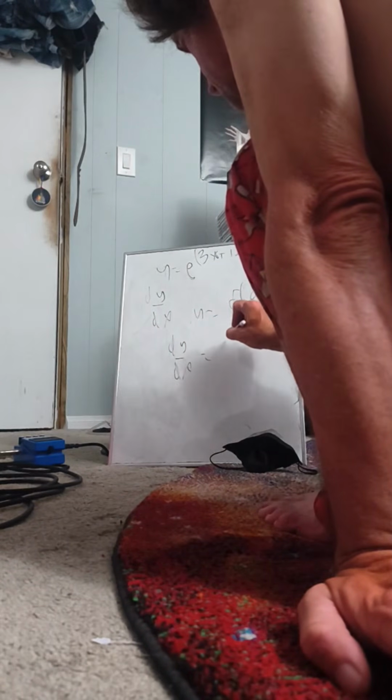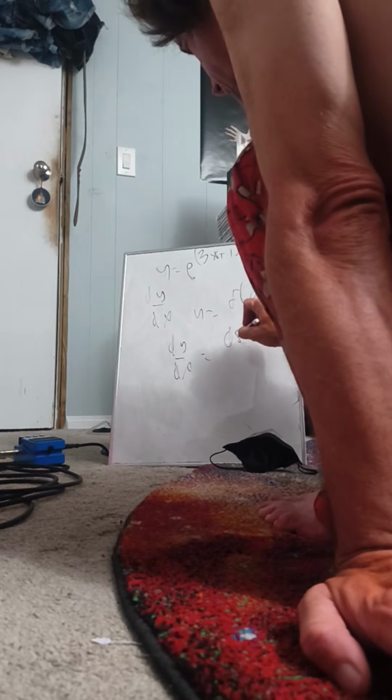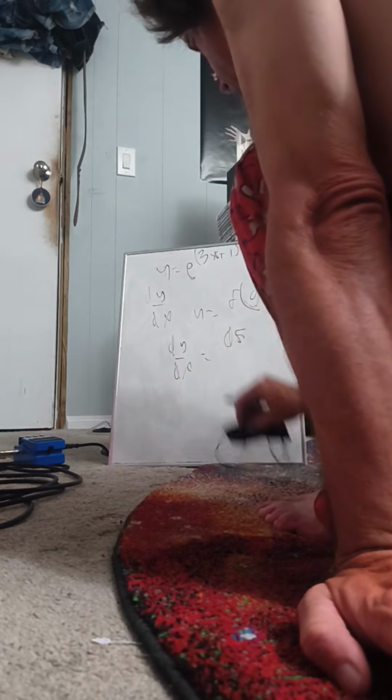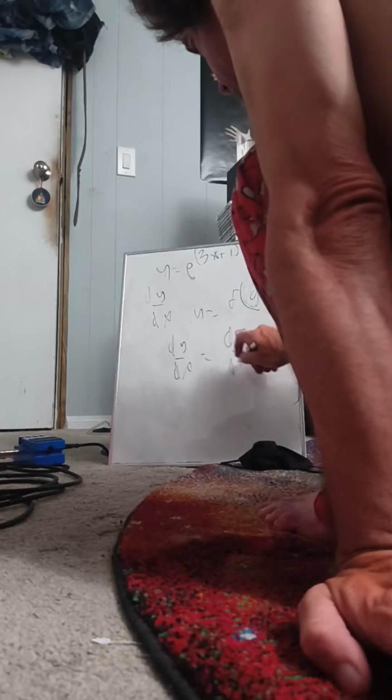dx equals df/dx times dg of x/dx. This should be f of x, actually.